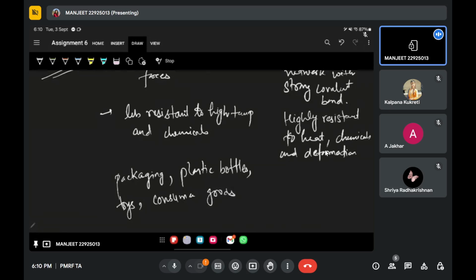And thermoset polymer, because it is highly resistant to heat and will not change, is used as electrical insulation, adhesion, or coating.